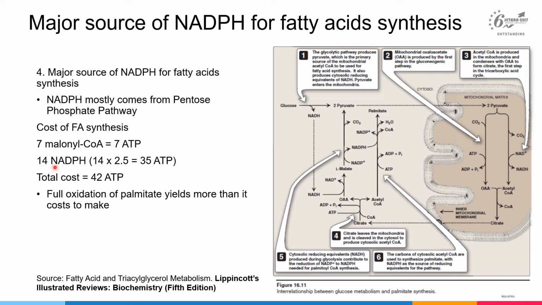So 7 times 2 is equivalent to 14 NADPH. The energy equivalent of 1 NADPH to ATP is 2.5, so 14 NADPH is equivalent to 35 ATP. So the total cost will be 42 ATP.